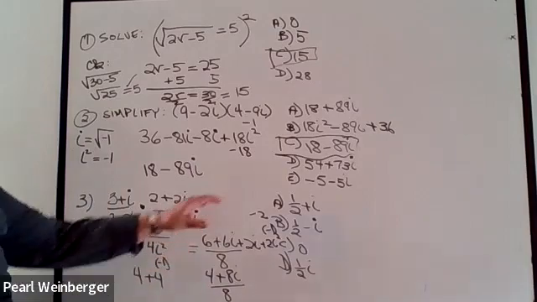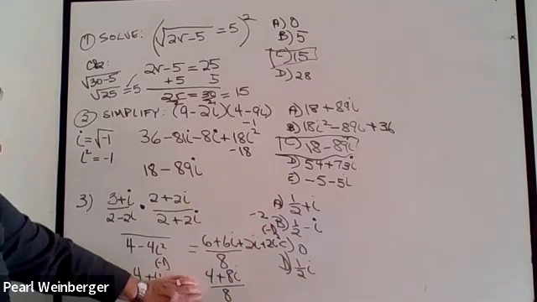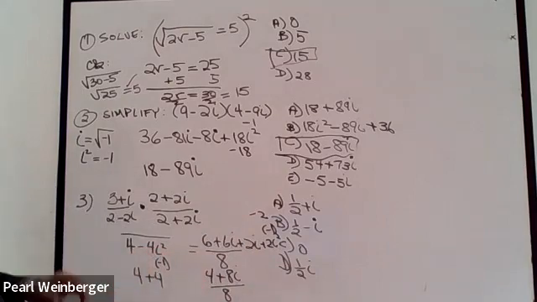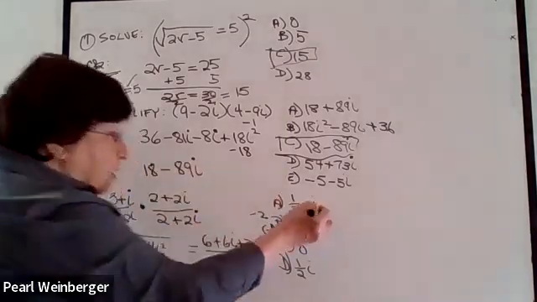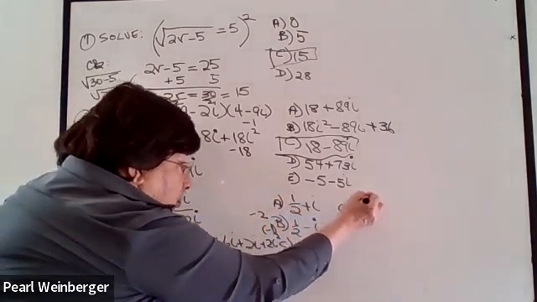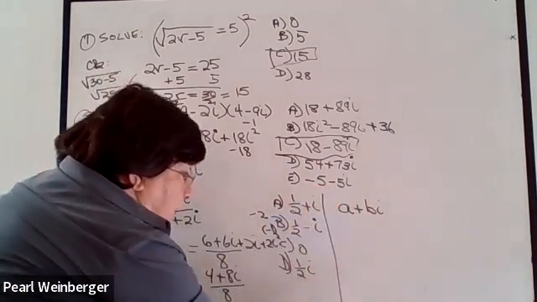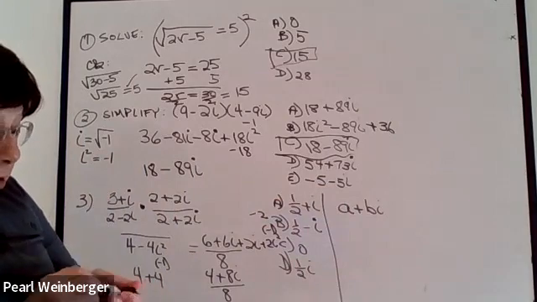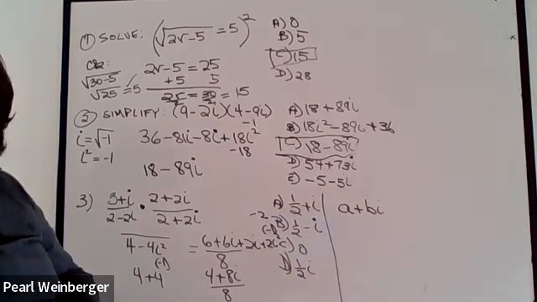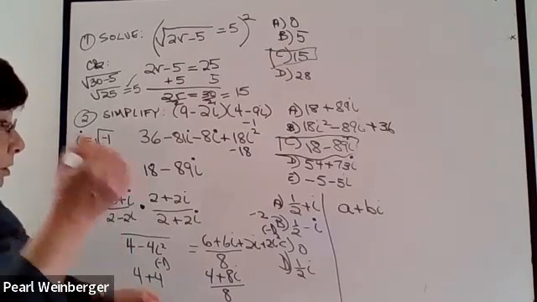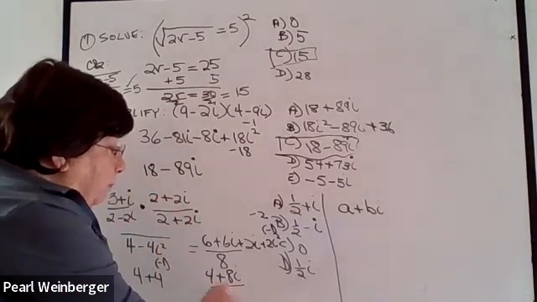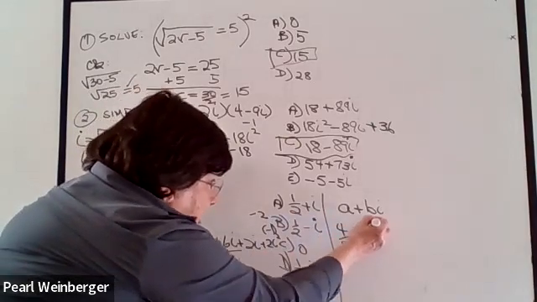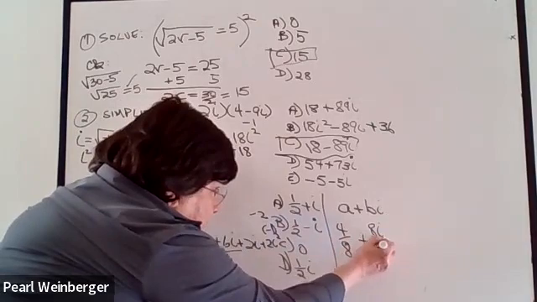But if you notice, it doesn't look like any of these answers, because when we have something like this, we want to put it in what's called a plus bi form. Which means what we want to do is take each of these and separate it and put it 4 over 8 plus 8i over 8.